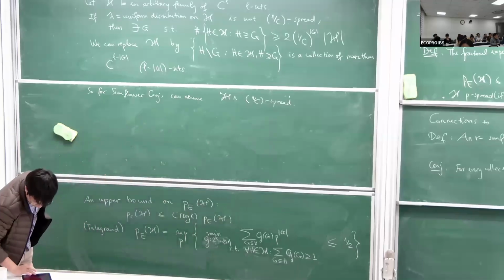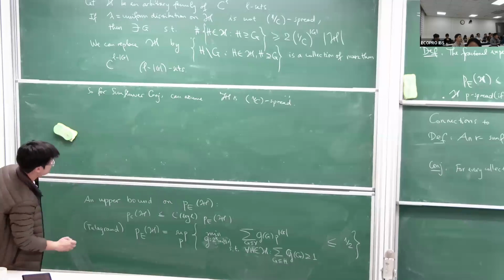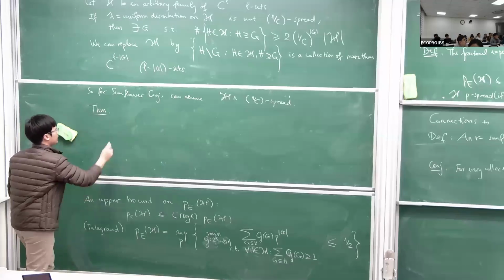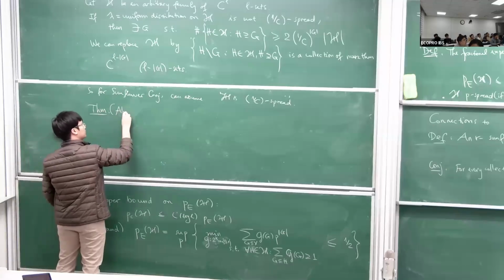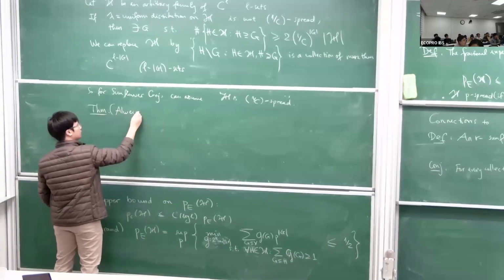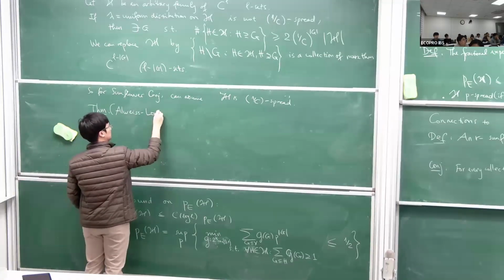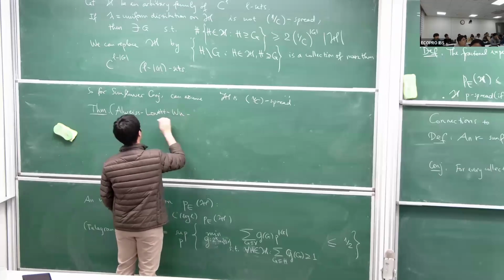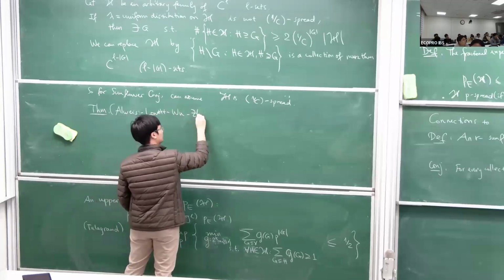Okay, so with that, let me now state this key step in the amazing sunflower breakthrough of Alweiss, Lovett, Wu, and Zhang.